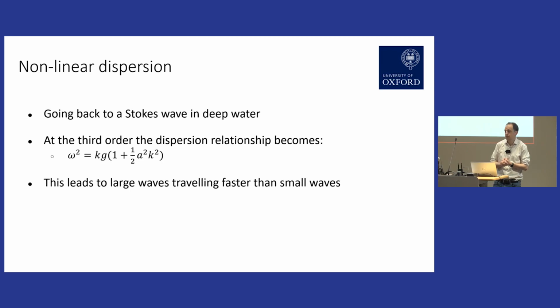So that's something we've deduced from a regular wave, but again, that's something which will be true for a more realistic sea state. So now we have waves moving across the ocean, but not doing so in a purely linear manner. The bigger waves are moving slightly differently to small waves.